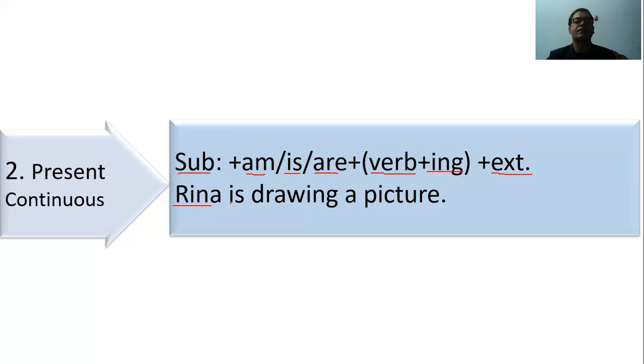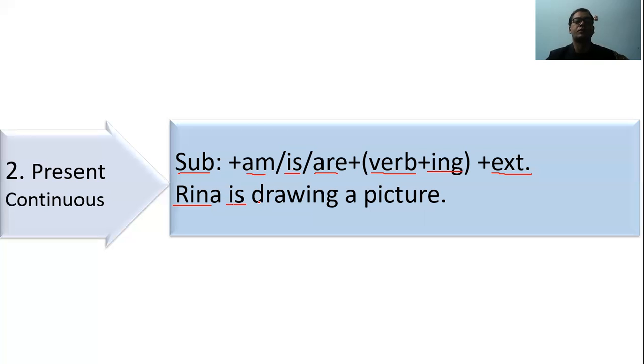Suppose I, first person, you have to use am. Second person or third person plural number, you have to use are. So Rina is third person, that's why we use here is as the auxiliary verb.